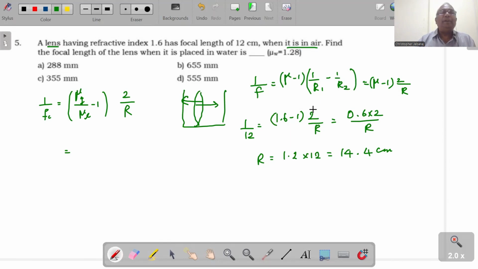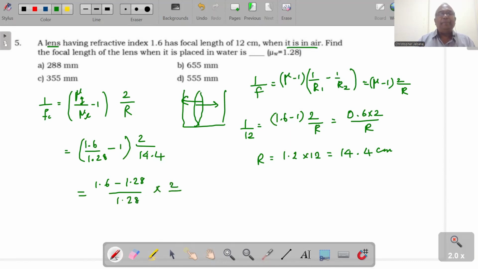Mu G is nothing but 1.6 divided by 1.28 minus 1 into 2 by R, 14.4. So 1.6 minus 1.28 by 1.28 into 2 divided by 14.4. The answer is 36 into 10 to the power of minus 2.